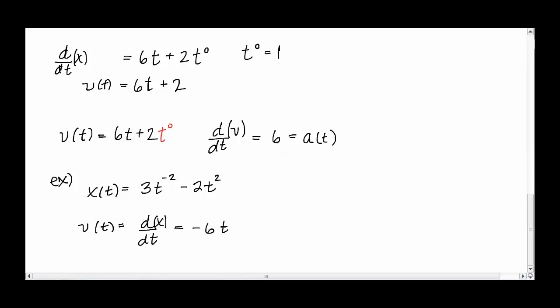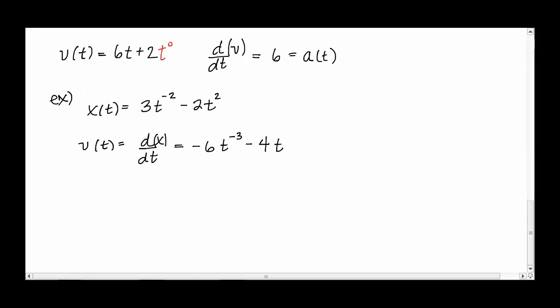So t to the 1 less power would be t to the negative 3. Alright, and then minus 2 times 2 is 4, pardon me. To the 1 less power, that would be t to the 1. So now we have our velocity function. So we've taken the derivative of the position function to find the velocity function. We could actually graph that.